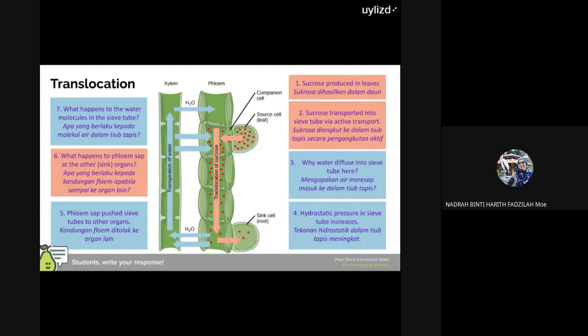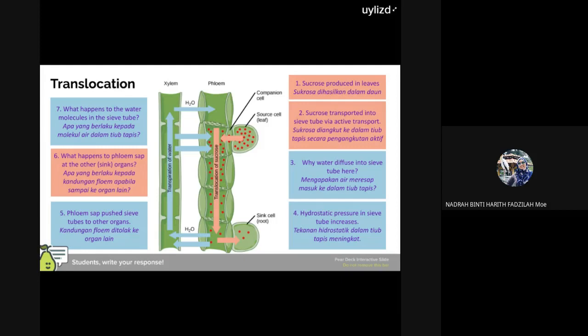When it reaches the other organs, the phloem sap stops and does active transport, moving sucrose from the sieve tube into the root, from the sieve tube into the growing shoot, from the sieve tube into the fruit.